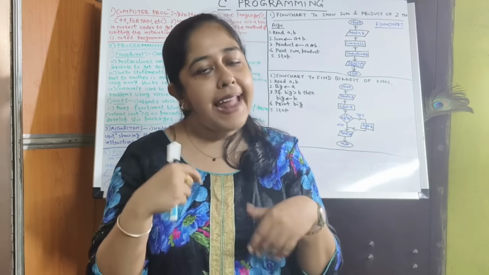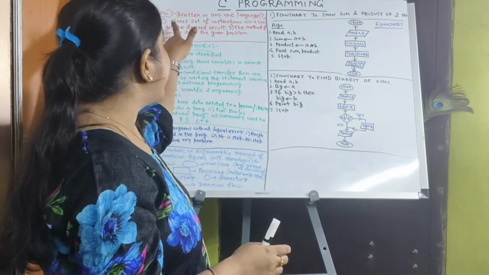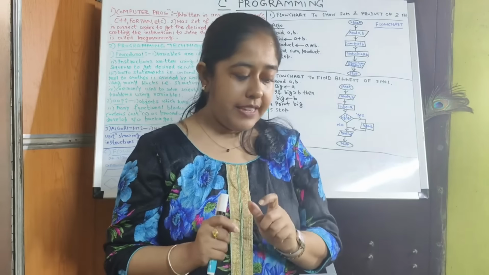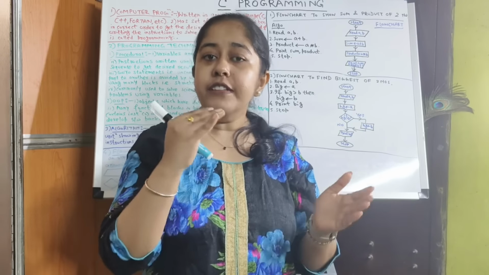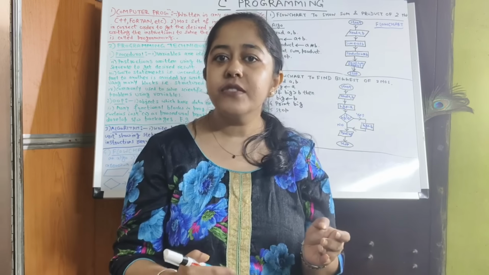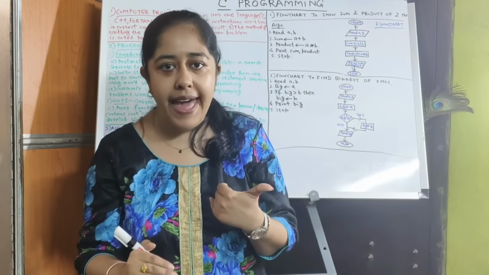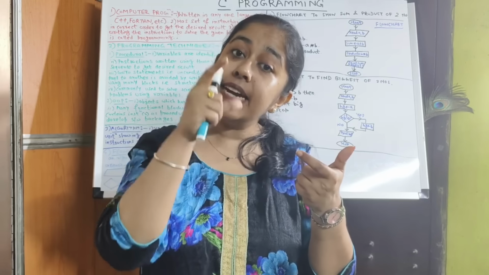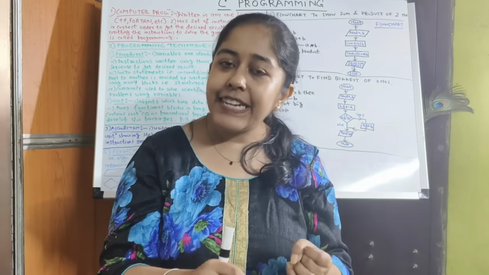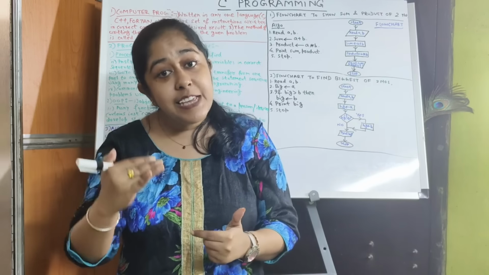Same way, when we are writing a computer program, we have to see that the correct order is maintained. Each and every computer program should have a correct order. You will write the instructions and the computer will give you the answer, but those instructions should always be in a correct order. That's why it is called a sequence.